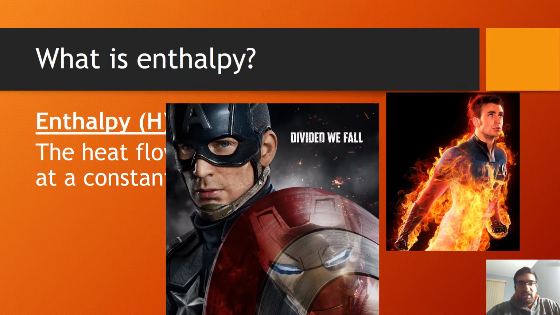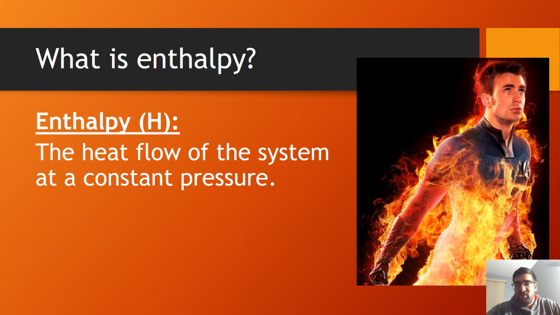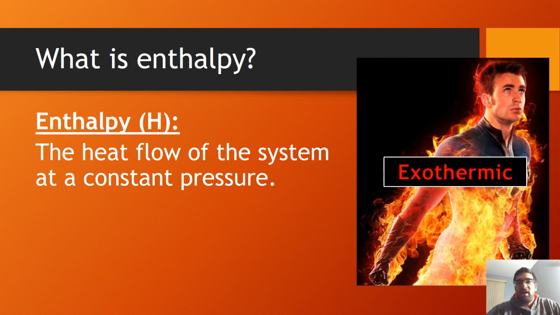But before that, he played the Human Torch. And the Human Torch, really, his superpower is going through a really exothermic reaction. And that exothermic reaction is releasing heat in the form of a fire around him. So that's how chemistry and thermochemistry is being used in the superhero world, which is pretty cool.